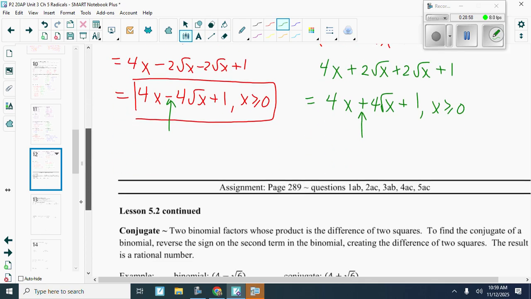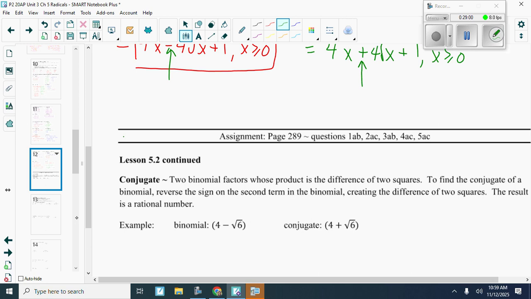In a few minutes, we're going to circle back to page 289, but I just wanted to confirm and talk about conjugate, so that tomorrow, after the quiz, we can jump into our lesson having already gone over some definitions. Some of you remember the word conjugate when we were doing difference of squares.